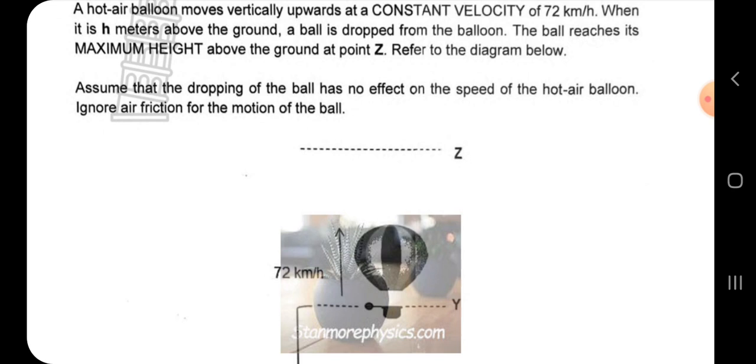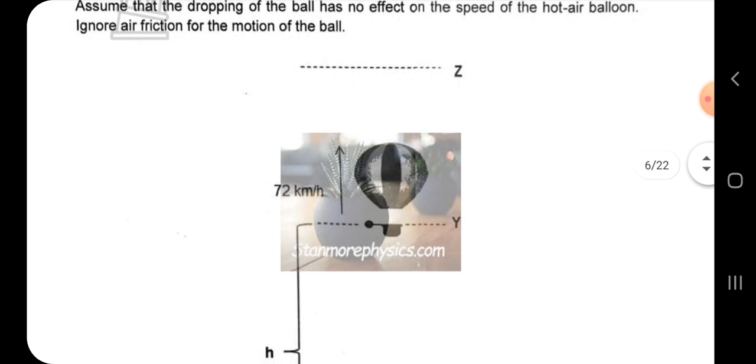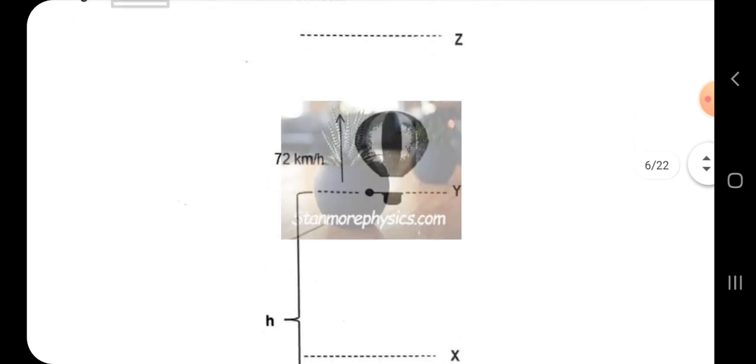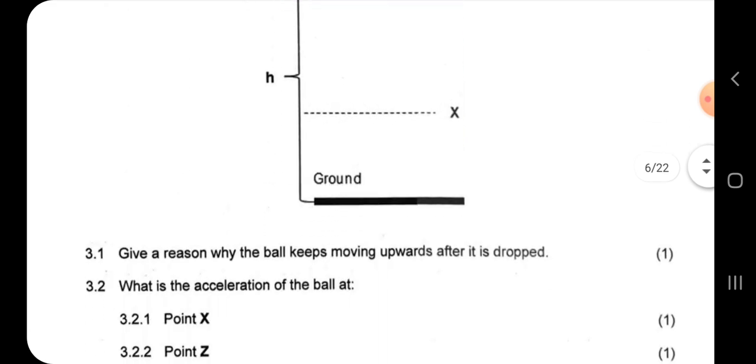The ball reaches its height of z and then comes back down. Assume that the dropping of the ball has no effect on the speed of the hot air balloon. Ignore air friction for the motion of the ball.